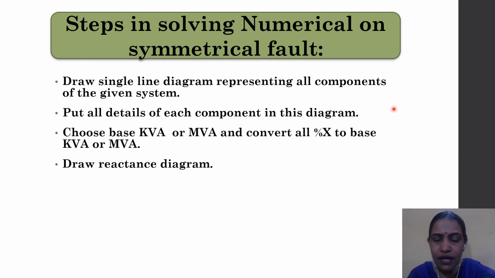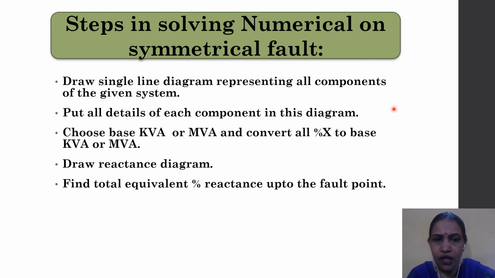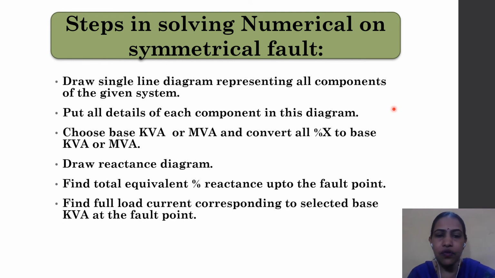Next step is to draw the reactance diagram. After converting all percentage reactances to base kVA, you have to draw the reactance diagram. Then find the total equivalent reactance up to the fault point. After getting all reactances, you have to make the summation. Find the total equivalent percentage reactance up to the fault point. Find the full load current corresponding to the selected base kVA at the fault point, by using the formula.